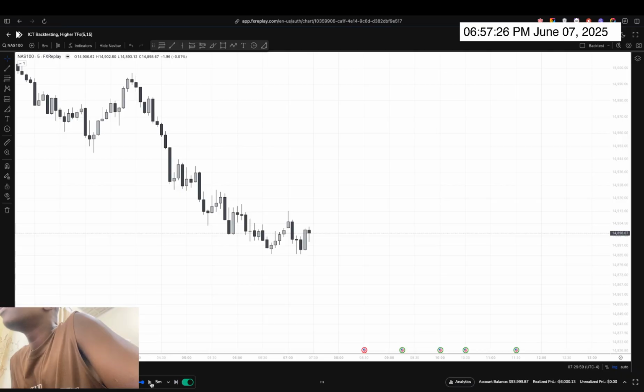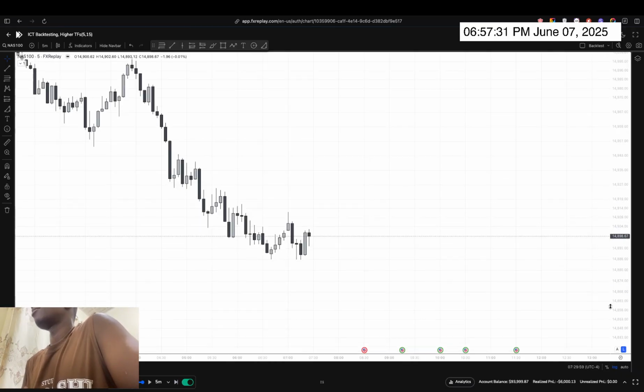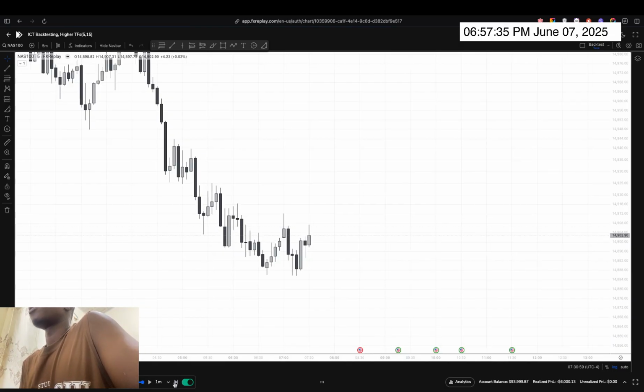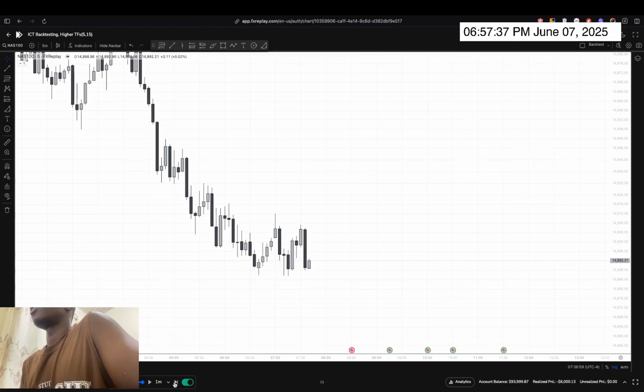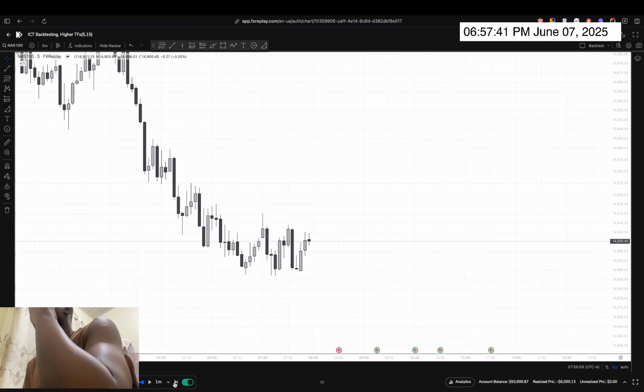When we play it, first we can see a good fair value gap offered there. Does it get respected though? Doesn't look like it, but we're dropping. So we have some relatively equal lows.